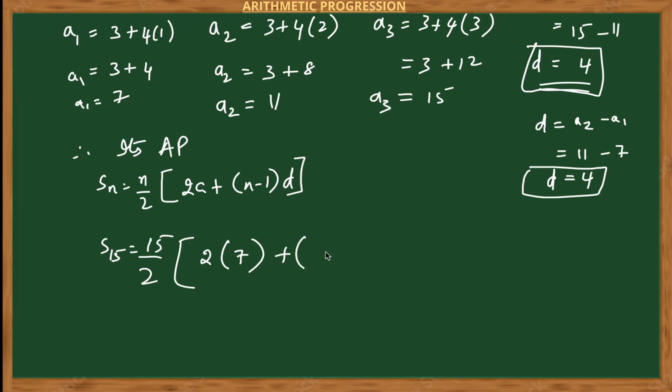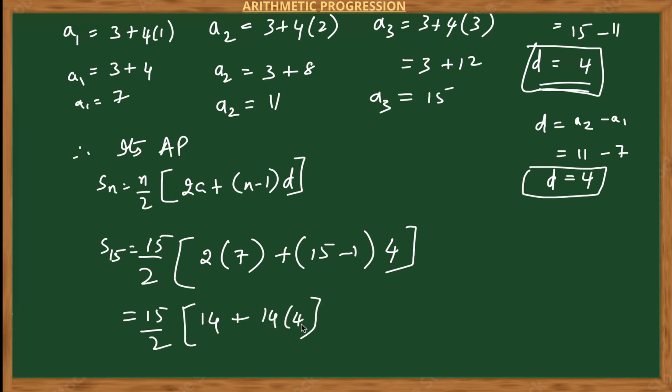plus n is 15 minus 1 into d. d we got as 4. So 15 by 2, 2 7s are 14, plus 15 minus 1 becomes 14 into 4.